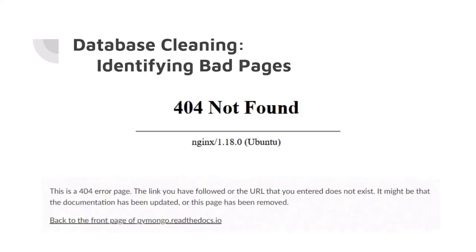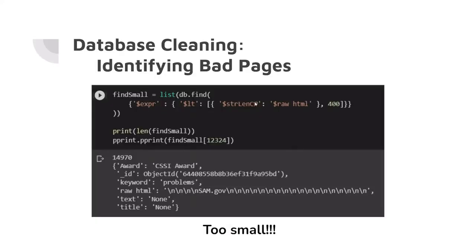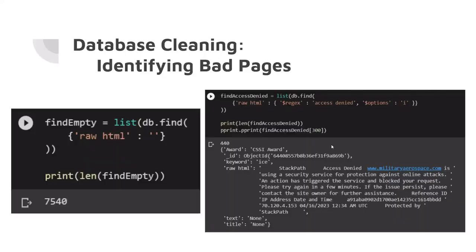So in addition to these more generic errors, we're also going to need to clean and wipe out these small documents as well. Just showing some examples in one of the smaller collections that we're using, over 7,500 of the web pages in there were simply empty, not even an error, just nothing loaded.